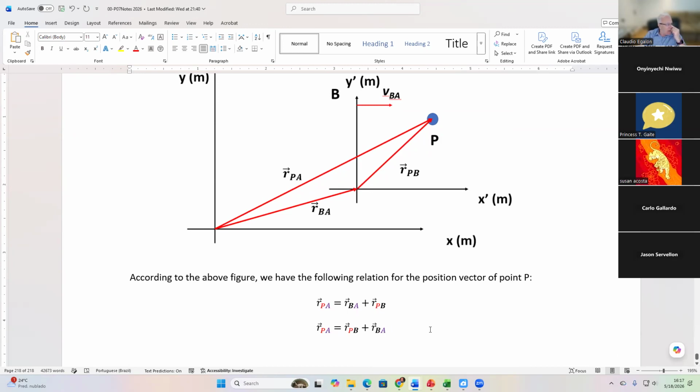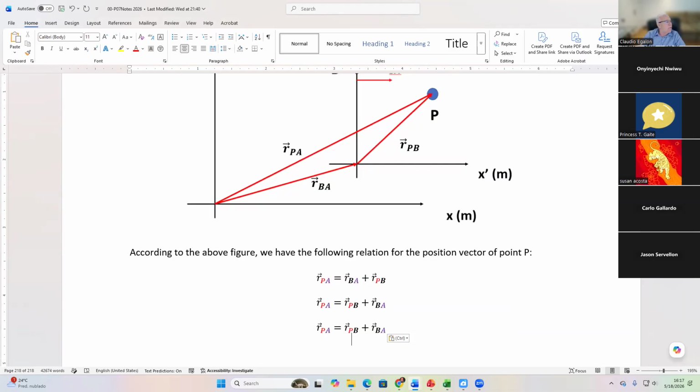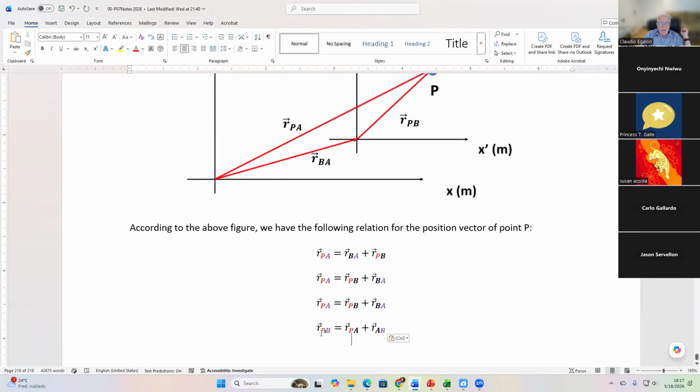And we can use the same reasoning to get other types of relative position. Here you go. We got the relative position of P with respect to A, but we also can get the relative position of P with respect to referential B. We preserve P here at the beginning, we preserve B here at the end.